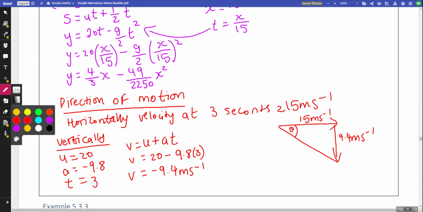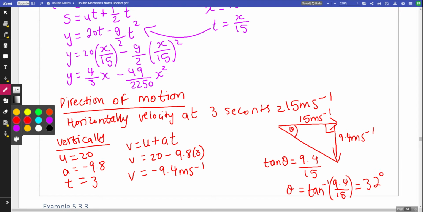So again, if we have a look at this triangle that we've just created, it's a right angle triangle because x and y are perpendicular to each other. So we can write tan theta equals opposite over adjacent, which we can rearrange to give us inverse tan of 9.4 over 15 is theta, and that is 32 degrees to 2 sig fig.